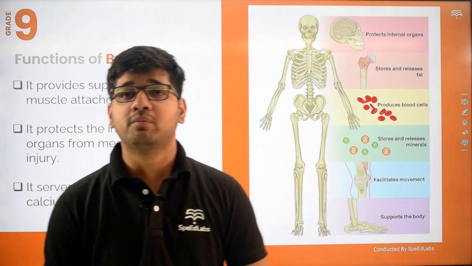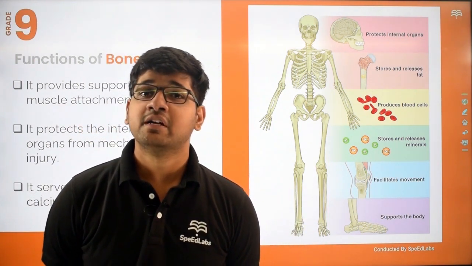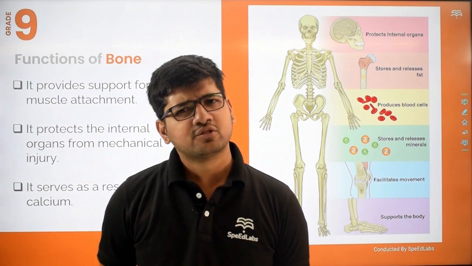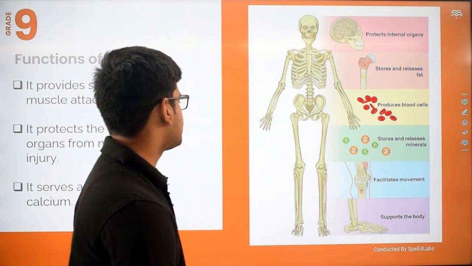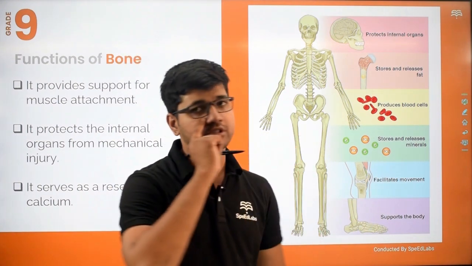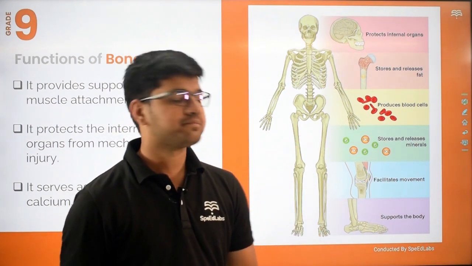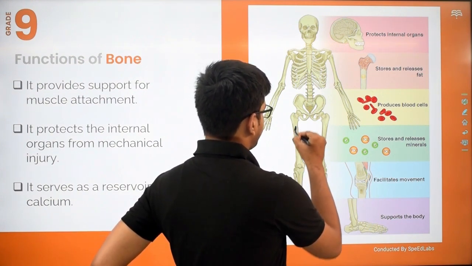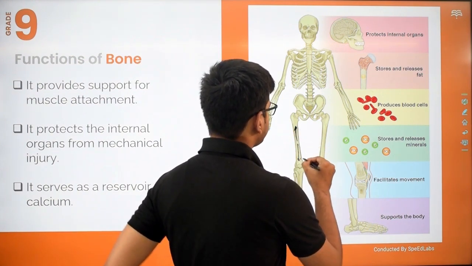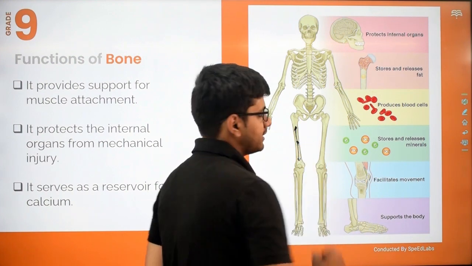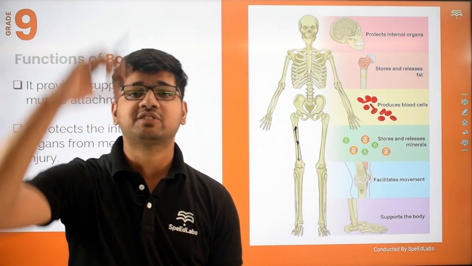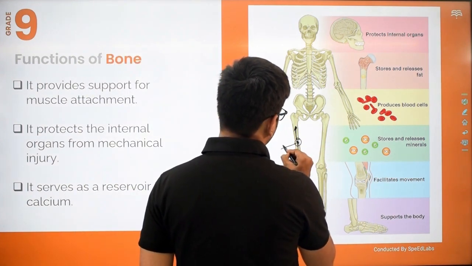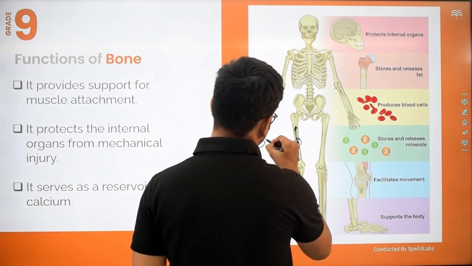As I spoke to you about early in this chapter, red blood cells are produced in the bone marrow. So bone marrow is the mid portion, the particular portion through which a bone grows. For example, if I am observing this bone, that is the femur, this is the mid portion through which the bone elongates and stretches. This is the same portion where bone marrow is present.